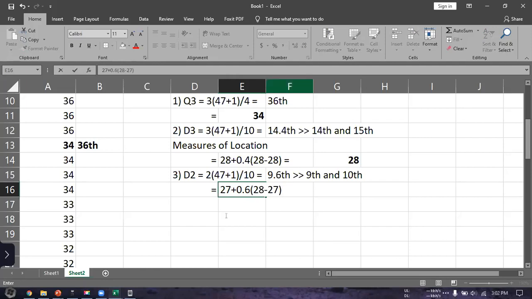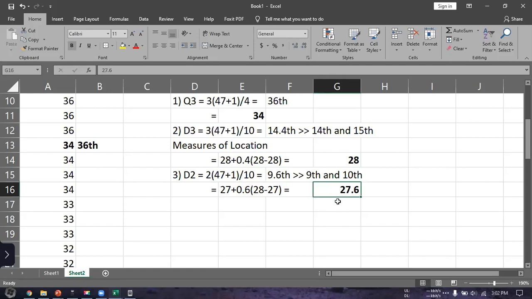Okay, mauna dapat yung mas malaki, mas mataas para hindi maging negative. Okay, so 28 minus 27 is 1. 1 times 0.6 is 0.6. Plus 27, we have 27.6. This is your second decile.